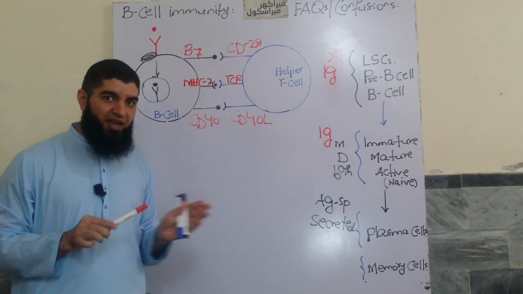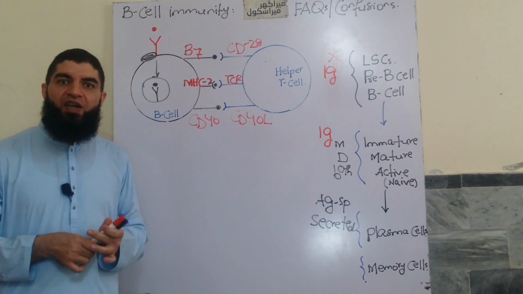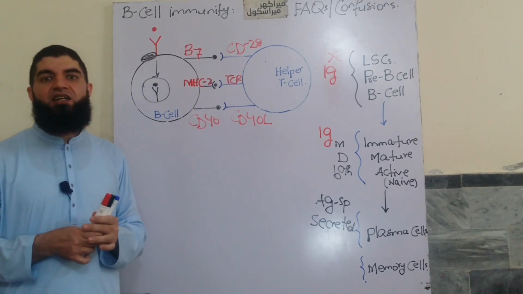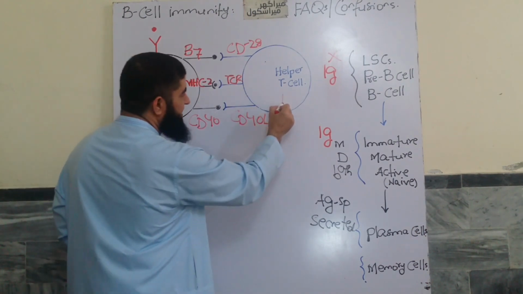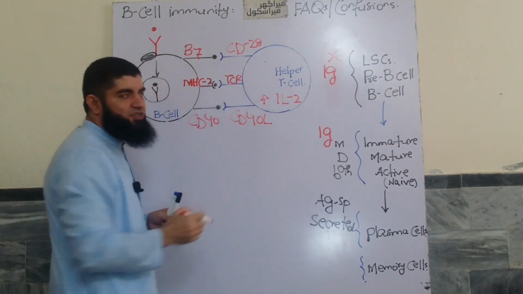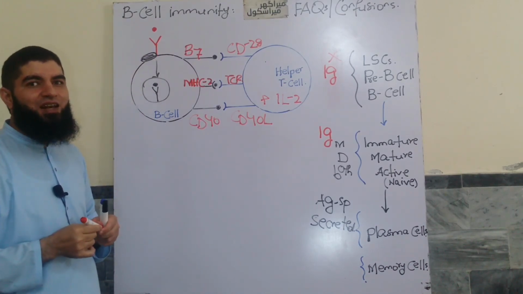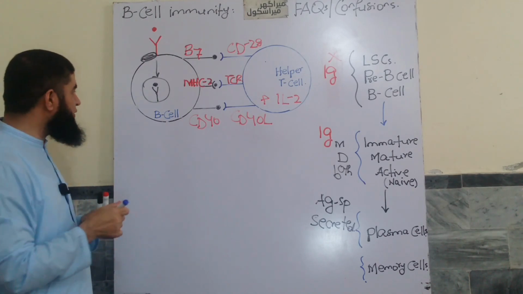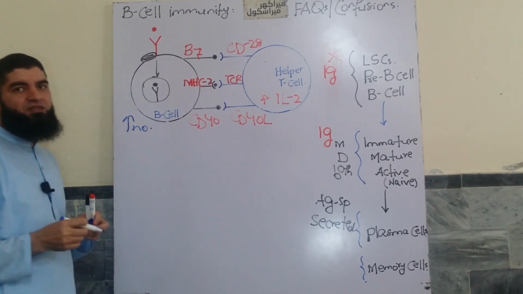There are so many of them, but the most important ones are interleukin 2, interleukin 4, and interleukin 5. Among these, interleukin 2 causes stimulation of the T cells themselves; it is secreted for self-stimulation, while interleukin 4 acts on the B cells.